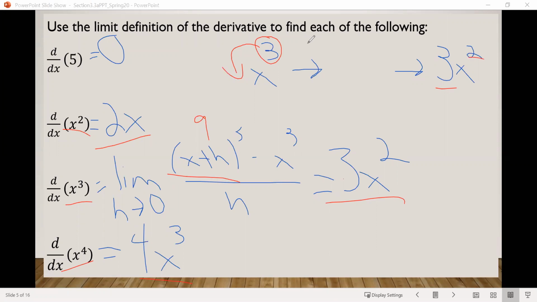But then where would the 2 come from? Well, 2 is 1 less than 3, so maybe they're doing something like 3 times x to the 3 minus 1. That would then give us this. Does that work for the other 2? Oh my gosh, I think it does!